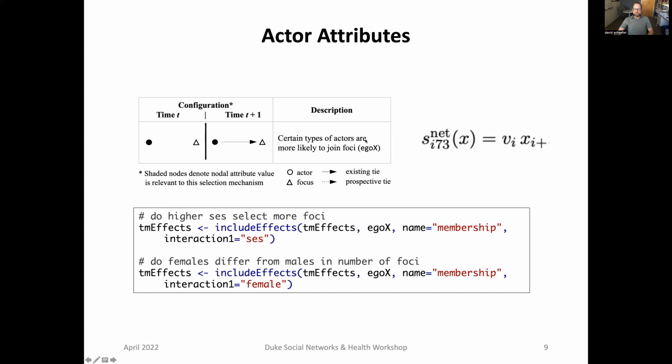I also want to mention I put the short name in here for the effect, as well as the code from the R script that sets up these effects. In this case, we're going to be modeling if socioeconomic status predicts membership, and then if females versus males are more or less likely to belong to foci. So differences in actor gender.